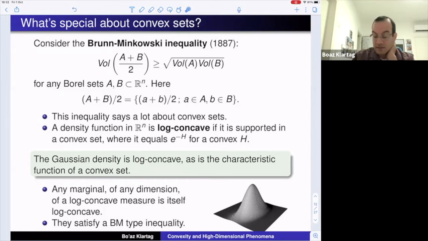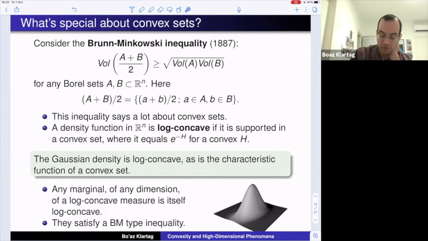The Minkowski inequality in particular tells you that marginals of uniform distributions on convex bodies are log concave. So let me say it again. If you have a probability density in R^n, which is supported on a convex set, and it equals e^(-h) for a convex function h, then we call this density function log concave.